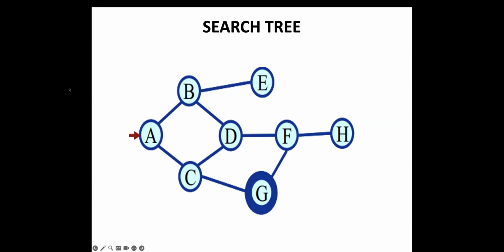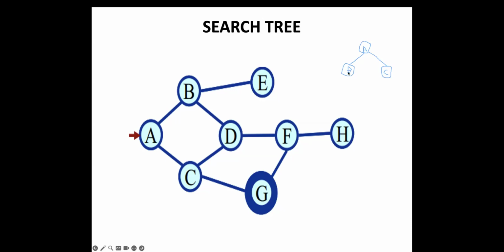So we have our state A there as the starting point. Now, from here, we check, is this the goal? No, the goal we are looking at is this one. So we say, okay, let's now consider the children. So the children are B and C.